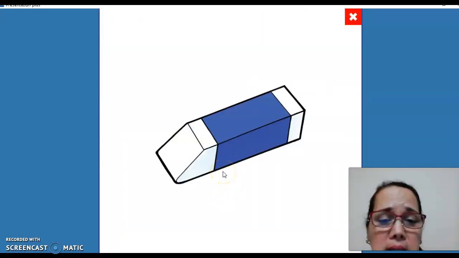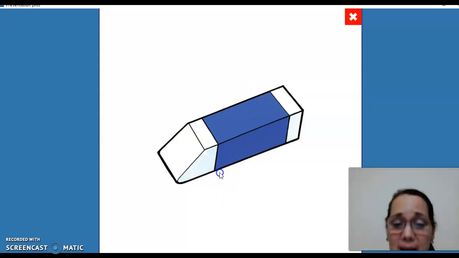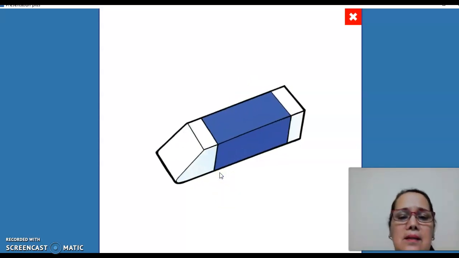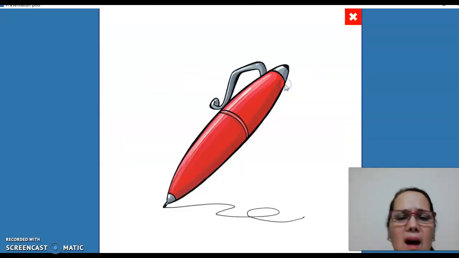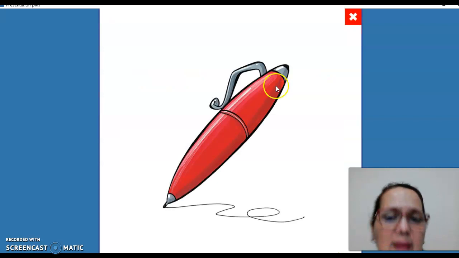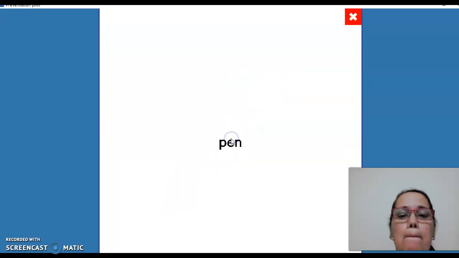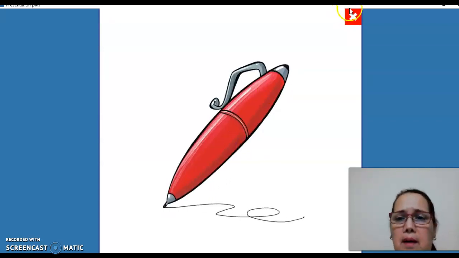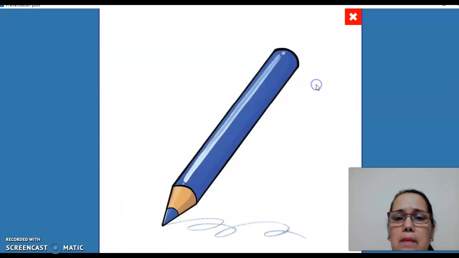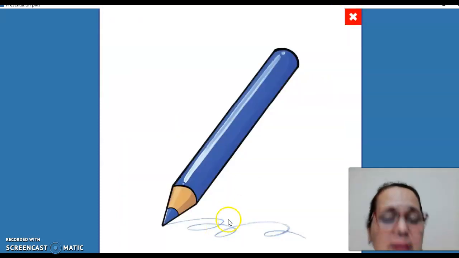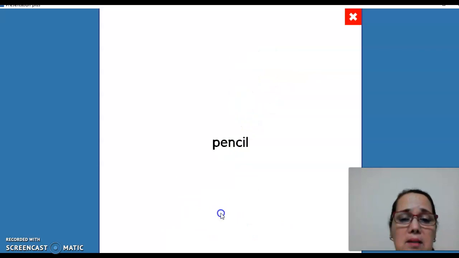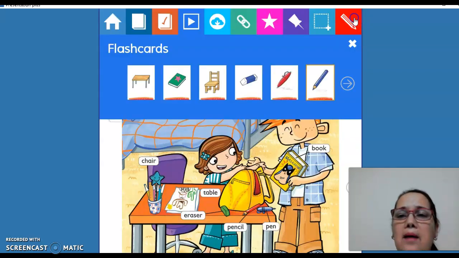Is this an eraser? Yes, it's an eraser, a blue and white eraser. And what's this? Yes, it's a pen, a red pen. And what's this? Yes, it's a pencil. Very good. Pencil.